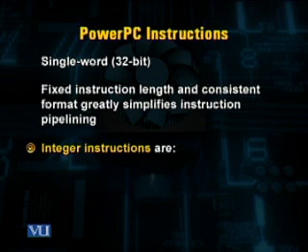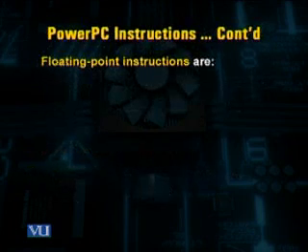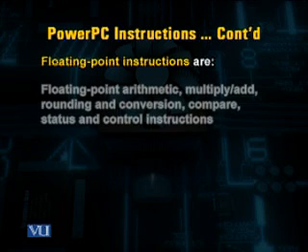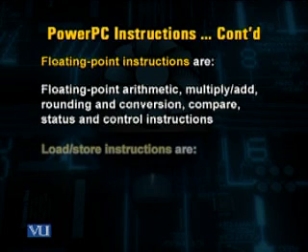Integer instructions are the integer arithmetic, integer compare, logical, rotate, and shift instructions. The floating point instructions are the floating point arithmetic, multiply, add, rounding, and conversion. Also, the floating point compare, status, and control instructions.